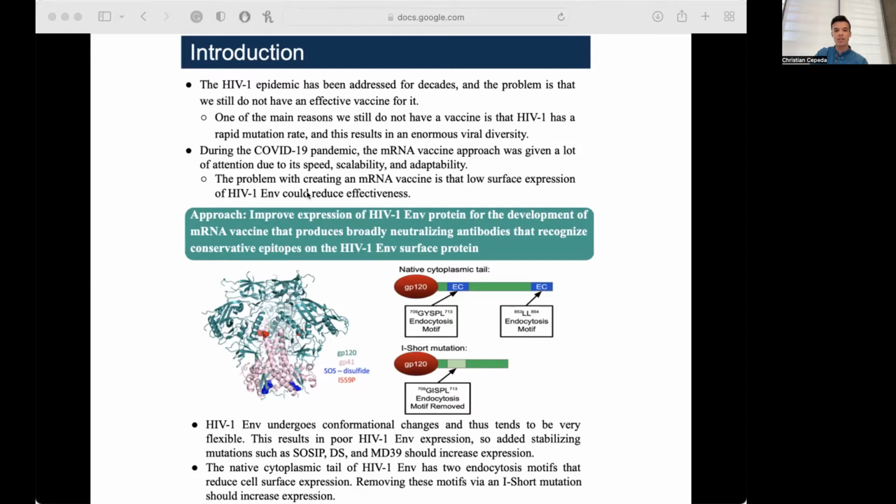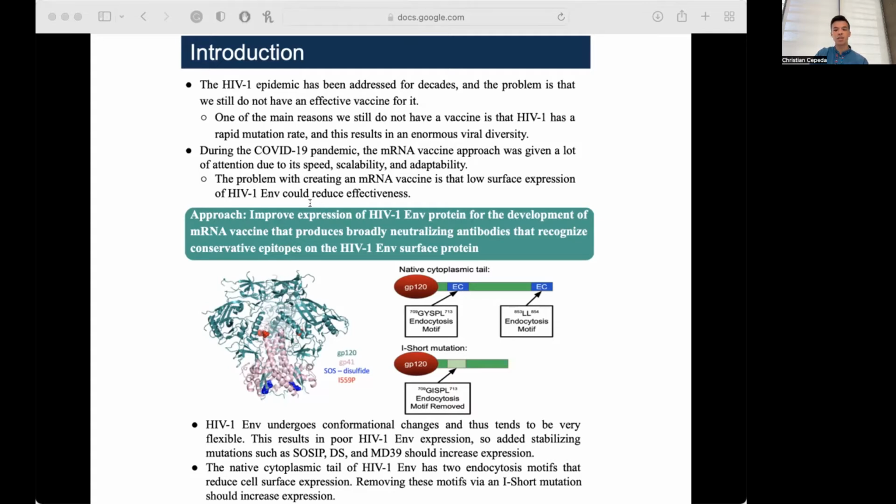We could try two things. We could try to get rid of the two endocytosis motifs from the native cytoplasmic tail, and we can add several stabilizing mutations. On the left shows a mutation researchers like to call SOCIP. In its entirety, the image on the left shows the surface protein HIV-1 ONV.